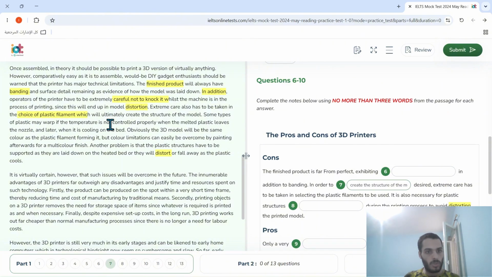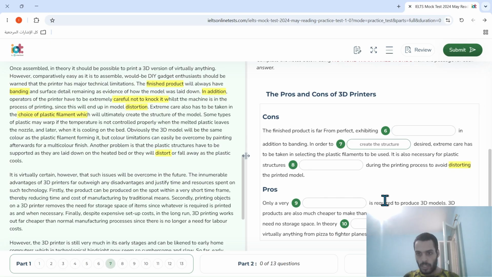In order to create the structure desired, create the structure.